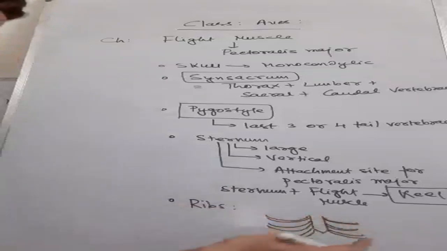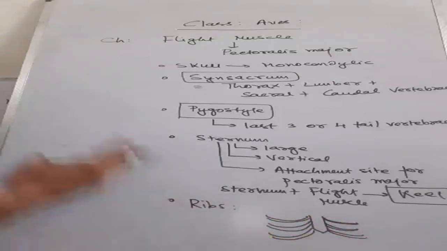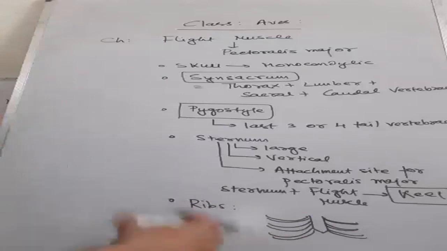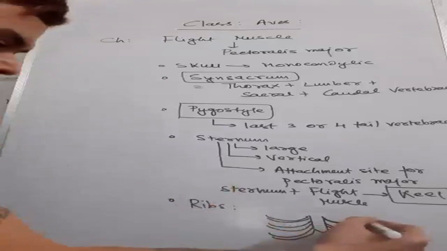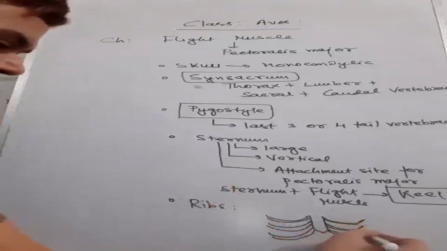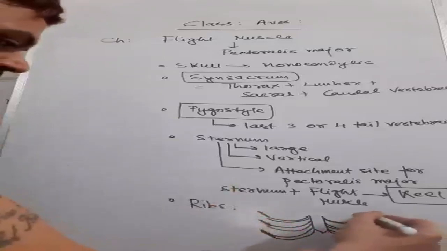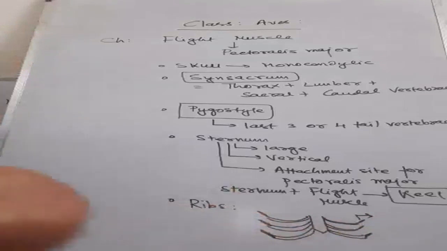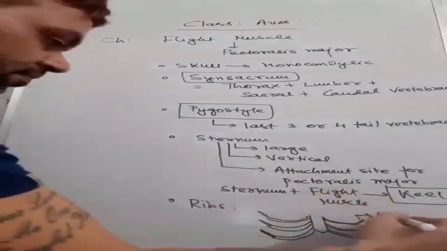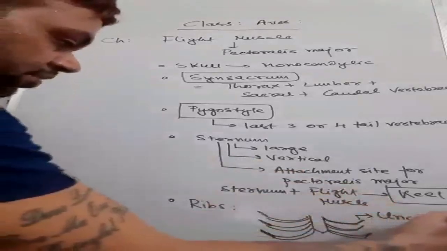But with this, we don't have any kind of process or extension in our ribs. But in the case of Aves, they have an extension or process which is present in their ribs like this. These are the processes which are present in their ribs, and this process of the ribs is known as the uncinate process.